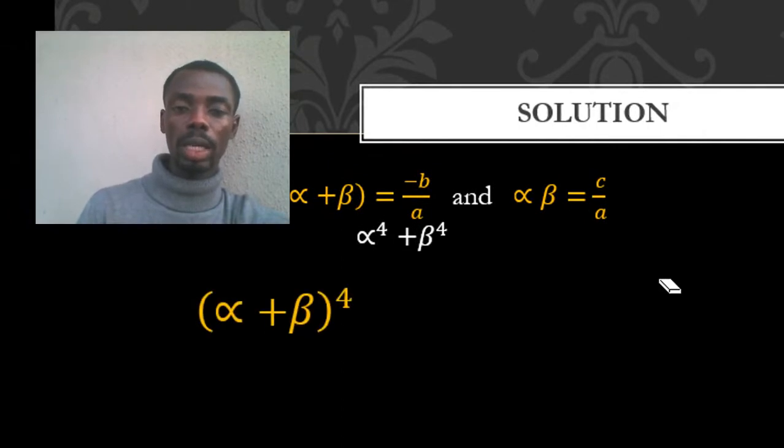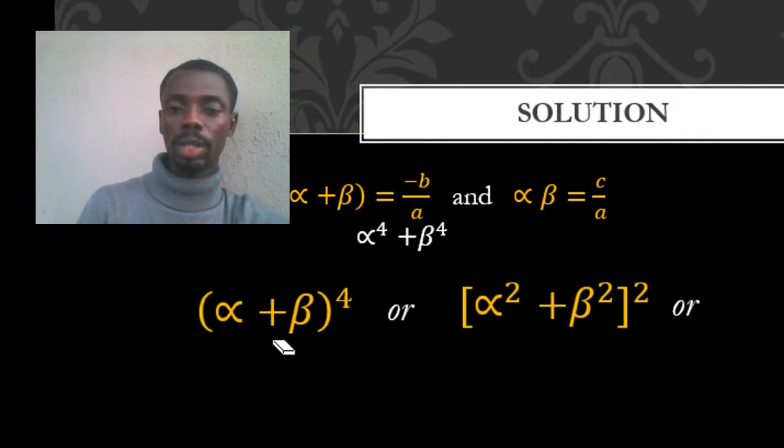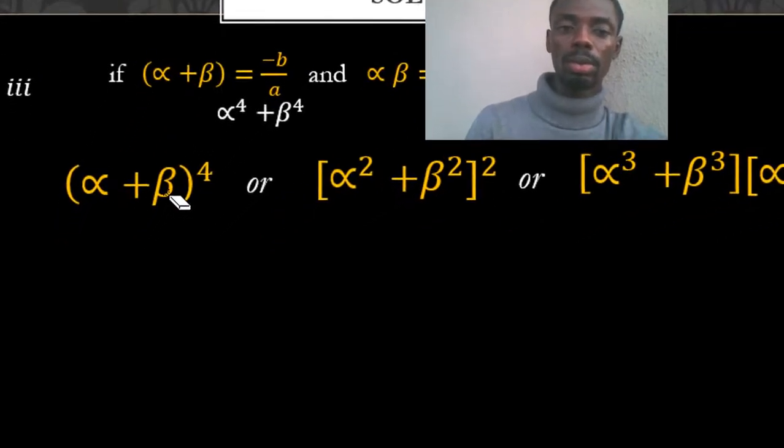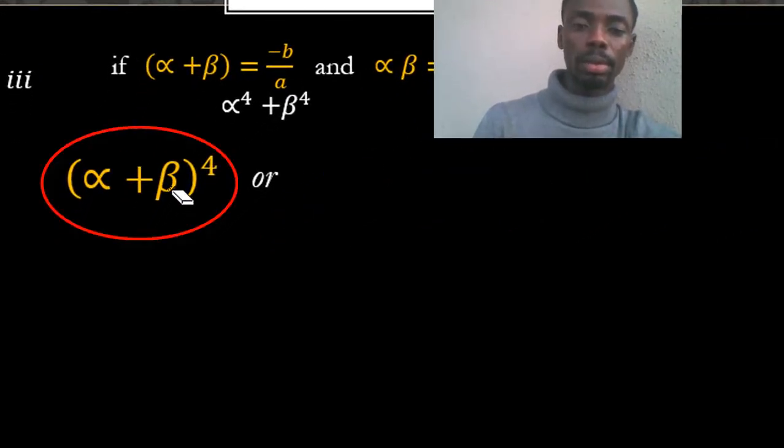Now let's go on, and we're going to be using 3 approaches in this lesson. The first approach is by the use of the binomial expansion of this value.